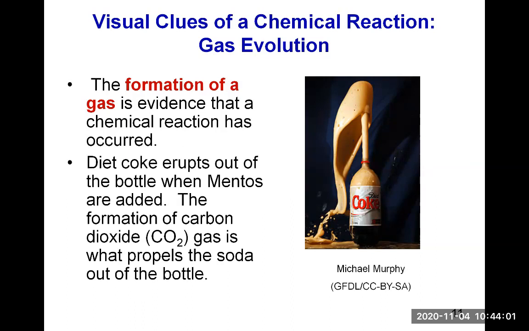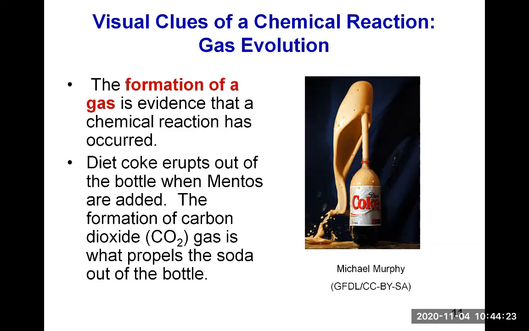The Coke was sealed. And then when you're opening the Coke and dropping some Mentos there, you're giving a lot of surface area for the carbon dioxide to finally get out of the solution, from a dissolved form into a gas again.